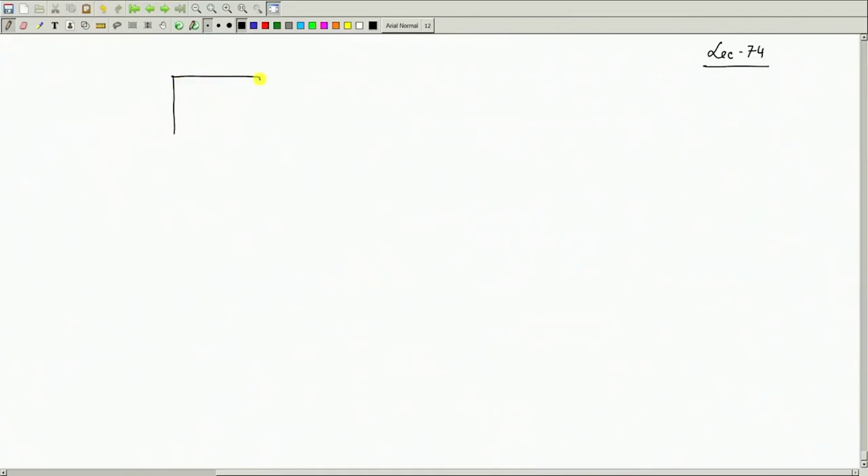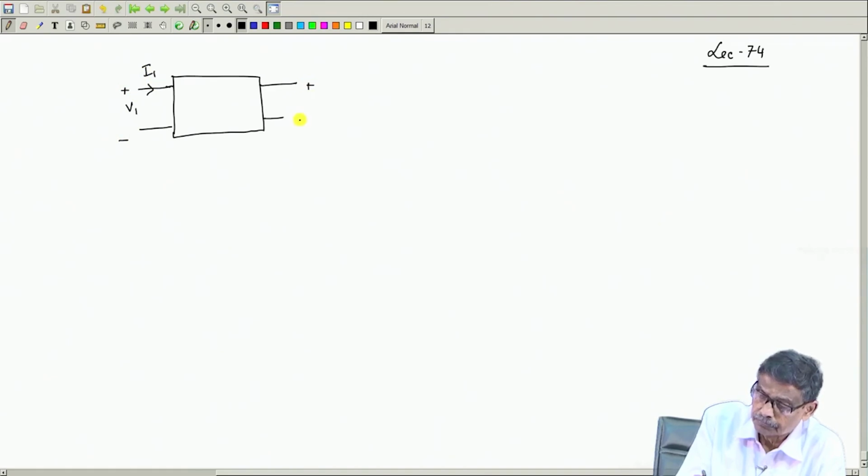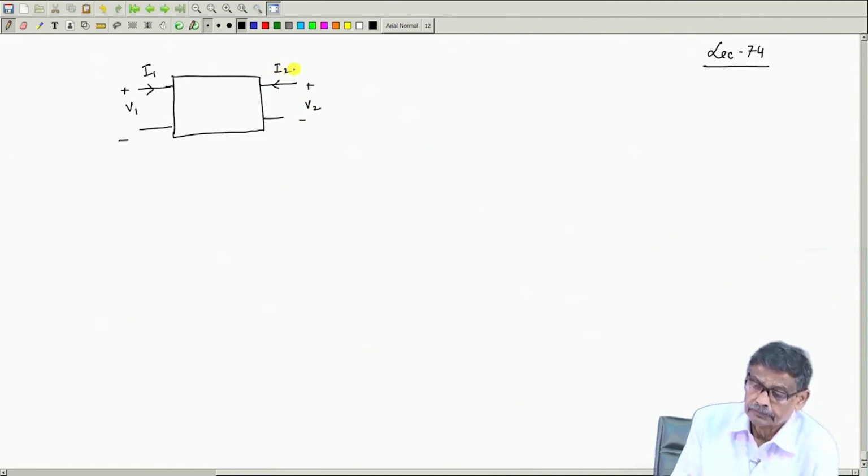Welcome to the next lecture on two-port networks. We have already seen that any given two-port network can be described in terms of input port voltage and current and output port voltage and current, and this is how the convention is followed.